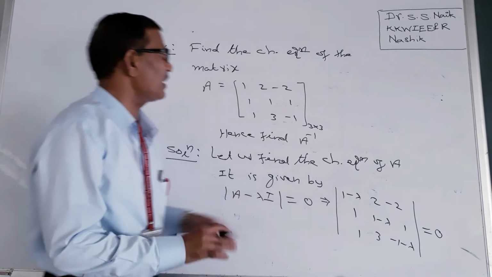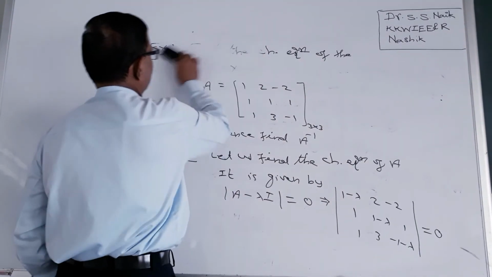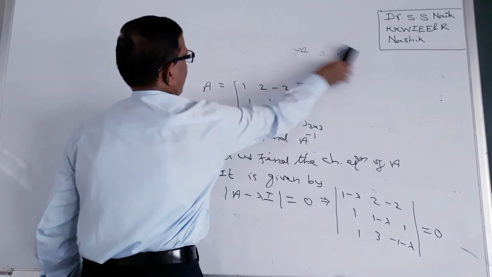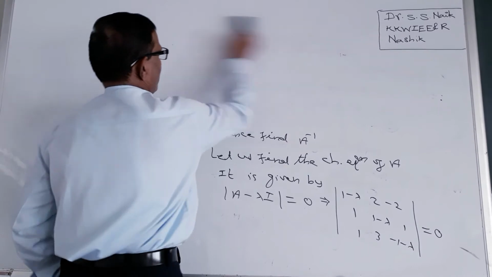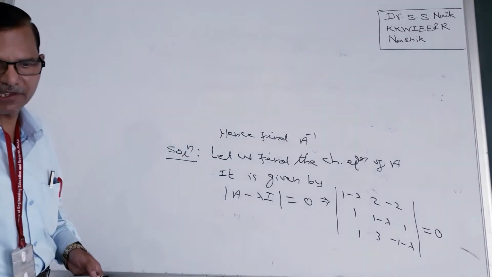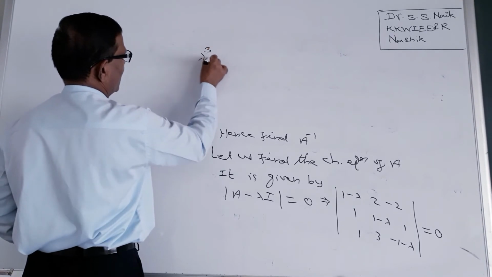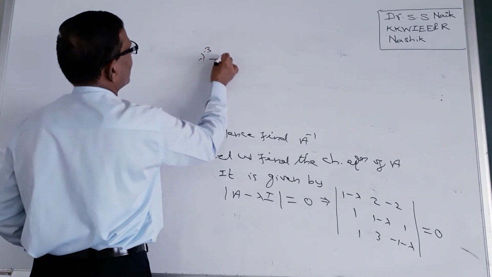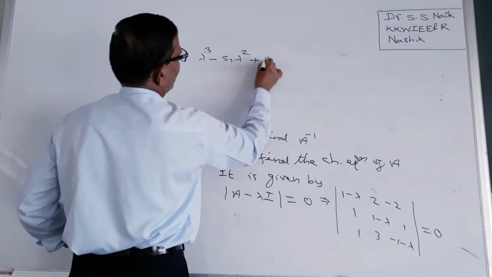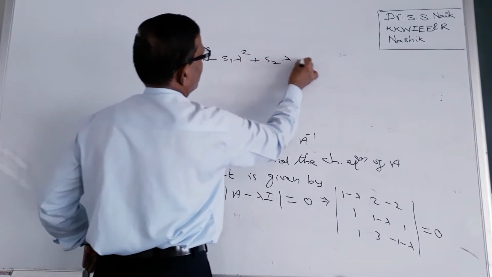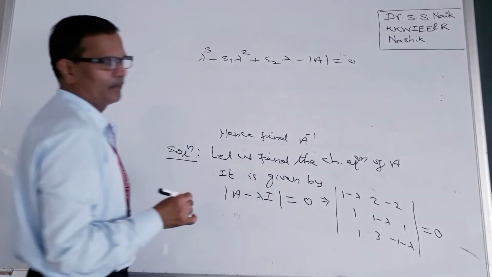So when I expand this equation, I'll be having lambda cube minus S1 lambda square plus S2 lambda minus determinant of A is equal to 0.